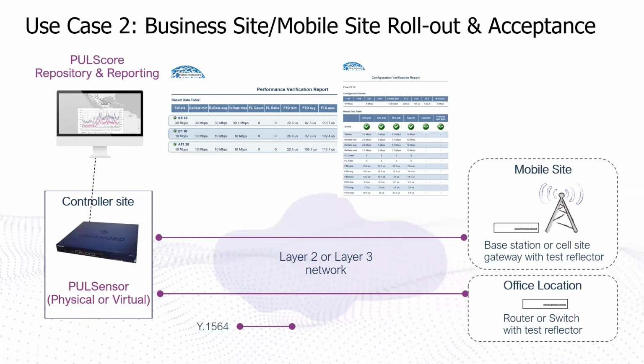And further on, you can do for each flow configuration verification reports, which is very useful. For instance, in a business service scenario, you can hand it over as a birth certificate, to show that your performance is okay for each of the flows individually, and then you can further add this performance verification report, which shows the aggregate flows as well.